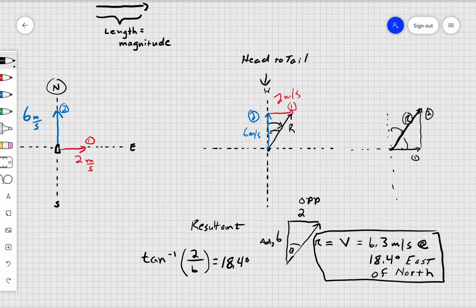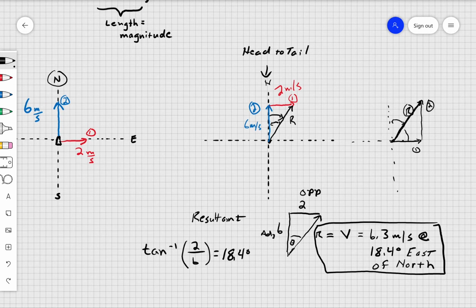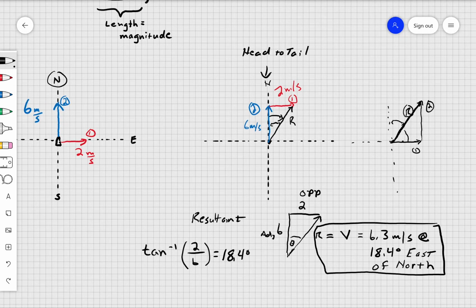Now, graphically, if we measured the lengths, we could use a protractor to measure either of these angles. If we had instead decided to go with this angle, we could have said that that was, instead of 18.4 degrees, 71.6 degrees.